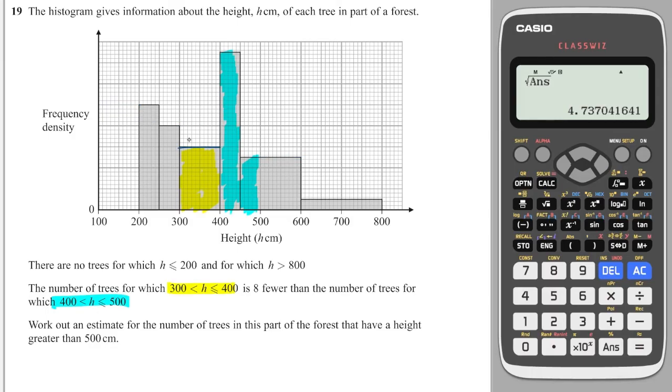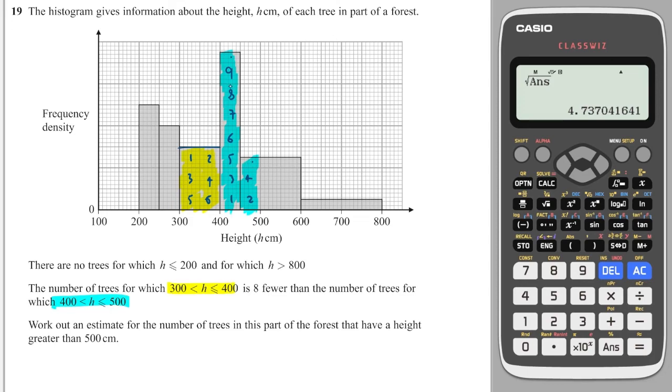So in terms of yellow, there are 1, 2, 3, 4, 5, 6 full boxes. And in terms of blue, there are 1, 2, 3, 4, 5, 6, 7, 8, 9, a half and another half, so there are a total of 10 blue.